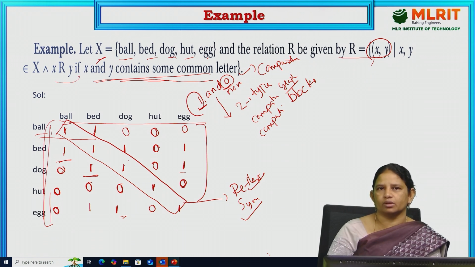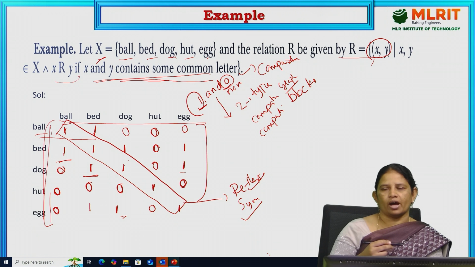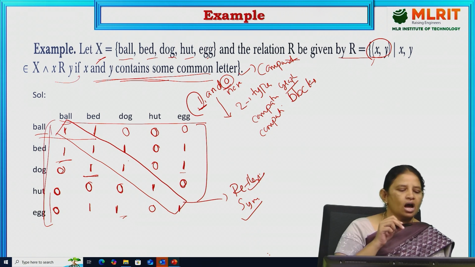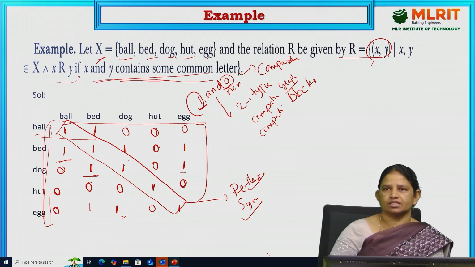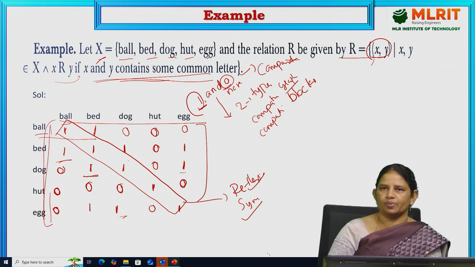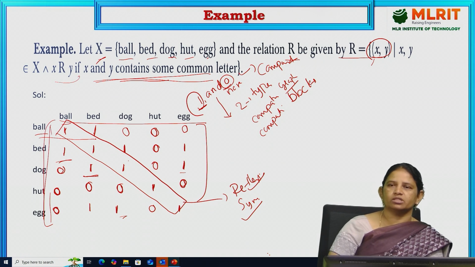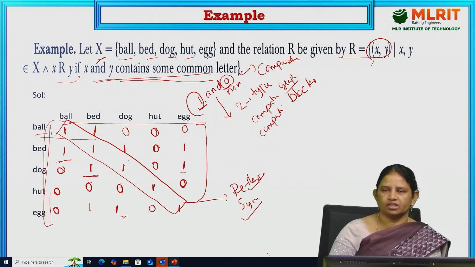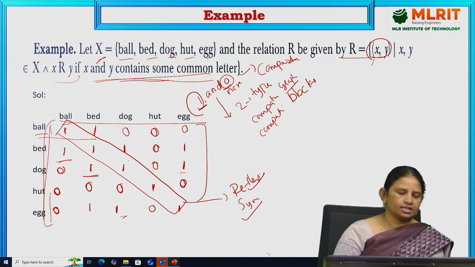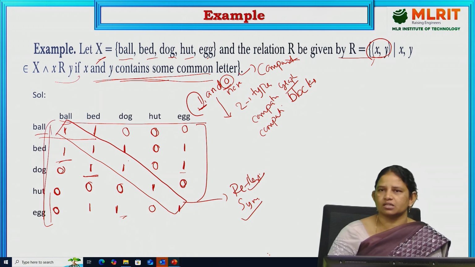That is a matrix consisting of the relation. The relation consists of two values, either 1 or 0. 1 means there is a relation between the elements. 0 means there is no relation between the elements. If all the diagonal elements are 1, the reflexive property is satisfied.